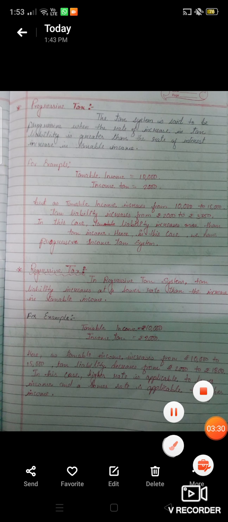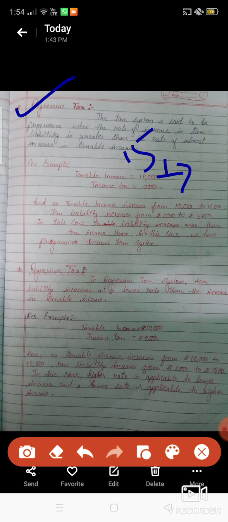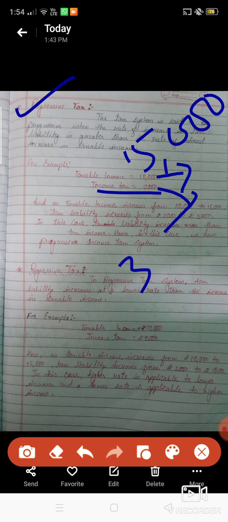Now the second one is progressive tax. The tax system is said to be progressive when the rate of increase in tax liability is greater than the rate of increase in taxable income. Suppose income has increased from 10,000 to 15,000, but income tax has increased from 2,000 to 3750, or any amount more than 3,000.